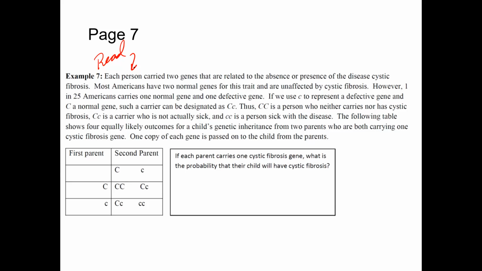So looking at this part right here, you have the first parent, and here you have the second parent. So the likelihood of their child carrying the cystic fibrosis gene is as follows. What is the probability that their child will have cystic fibrosis? Well, they will have cystic fibrosis if they have one of the two. If you look at this, there are a total of 4 possibilities.